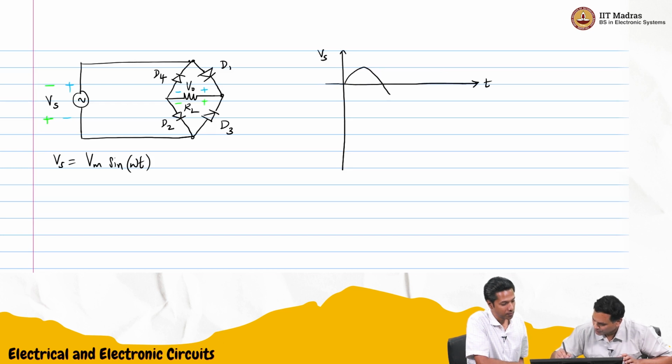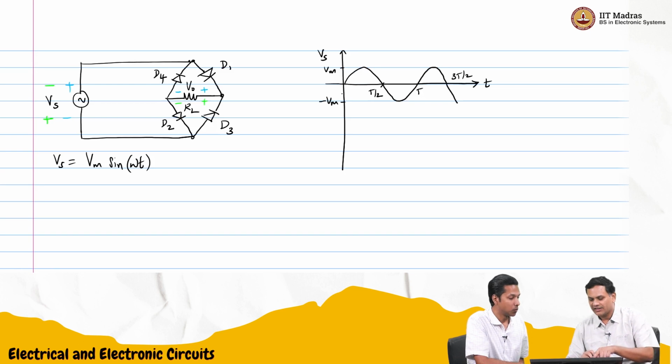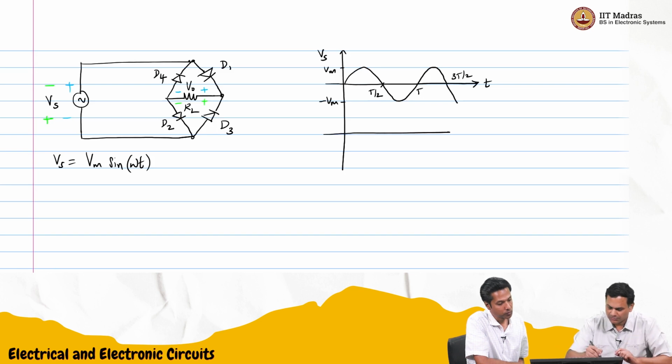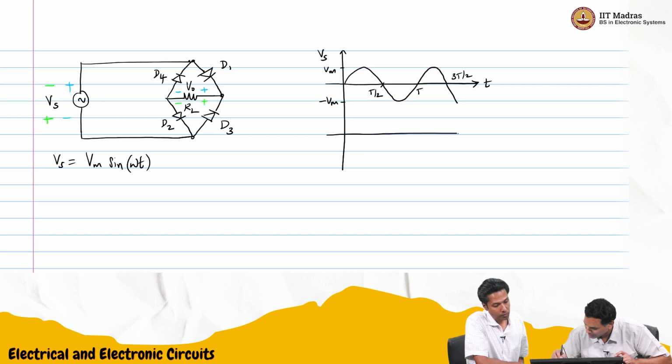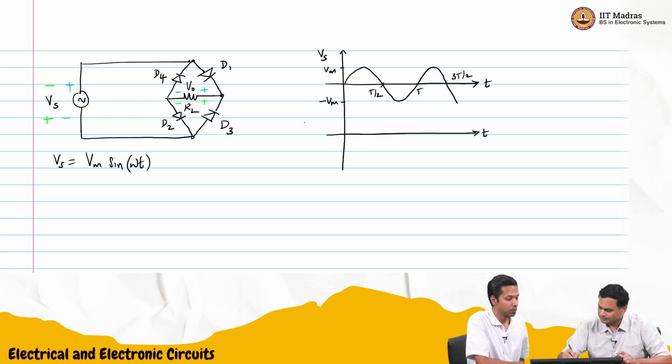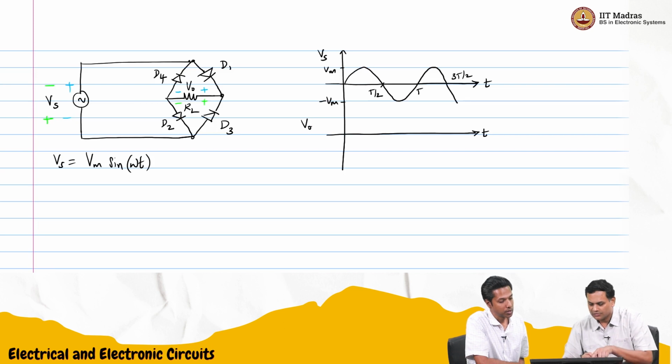This is Vs, Vm sin omega t. And if I draw Vo, in the positive cycle D1, D2 conduct, and it is just Vm sin omega t.